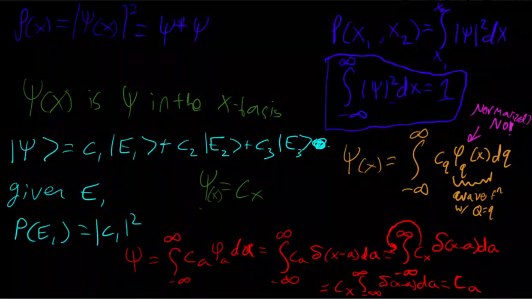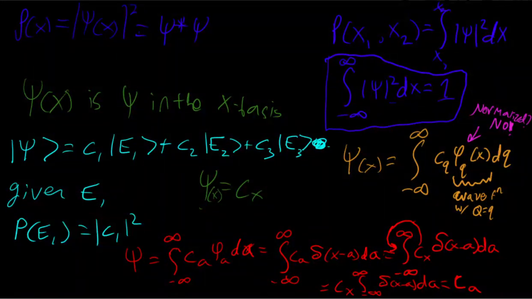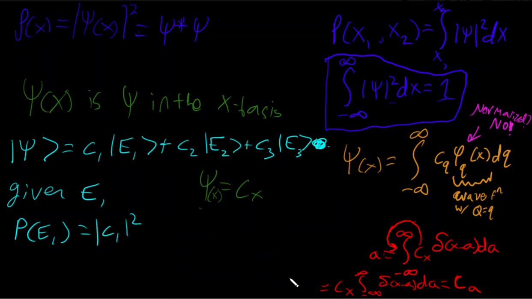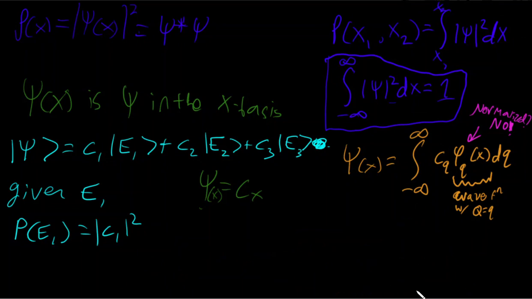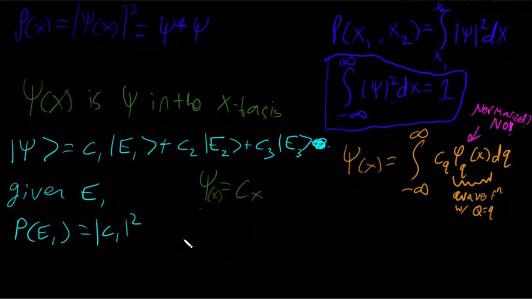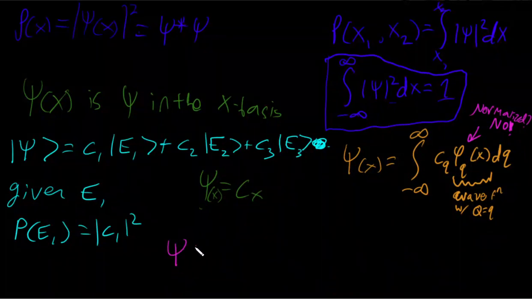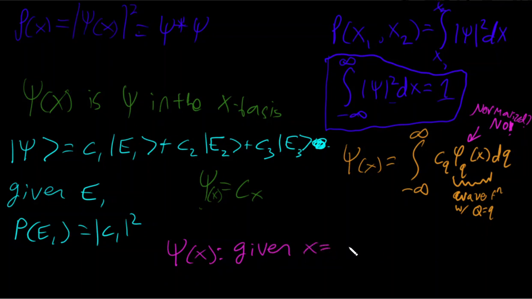Just like now, when we write psi of x, and I'm going to erase this thing at the bottom. Hopefully we've got that down. If not, you can rewind and write it down. When we write psi of x, we're given x equals x1.